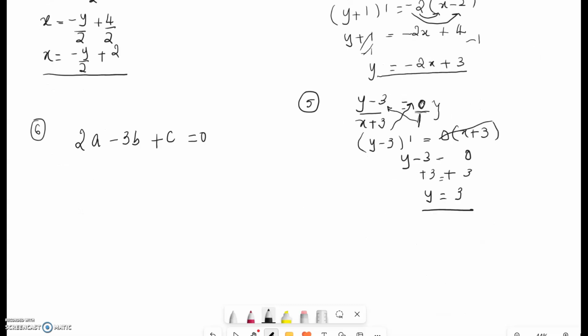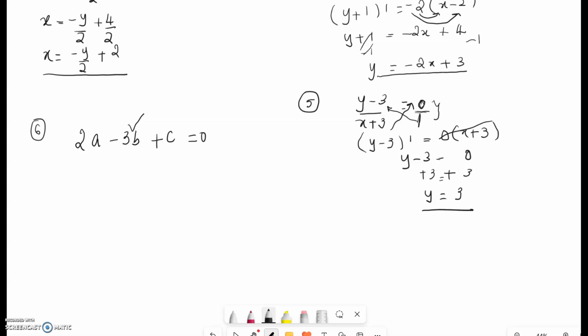One last example. Let's say we have 2a minus 3b plus c equals 0. And let's say we want to solve for b. We could solve for any one of these, but let's say we want to solve for b, which means we want to keep the b or any term containing b on the left. It depends what you want.